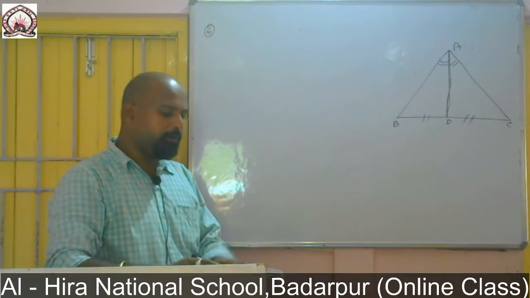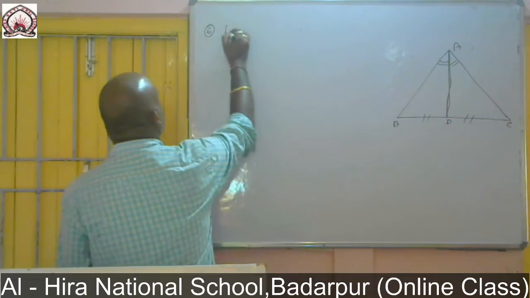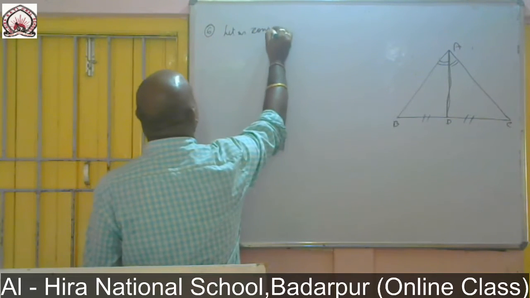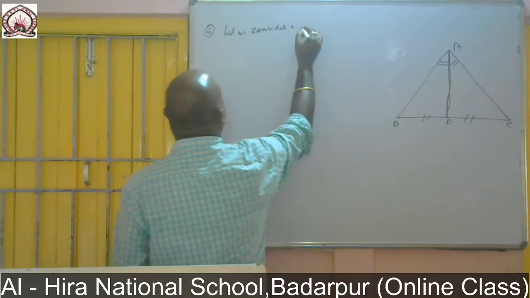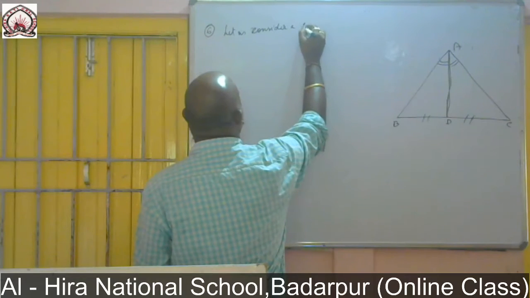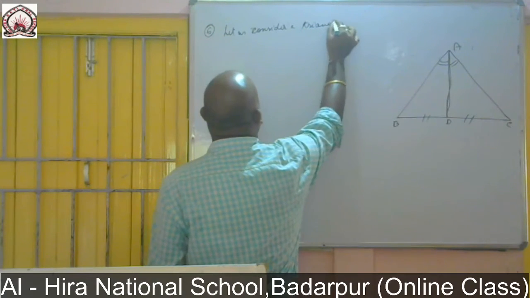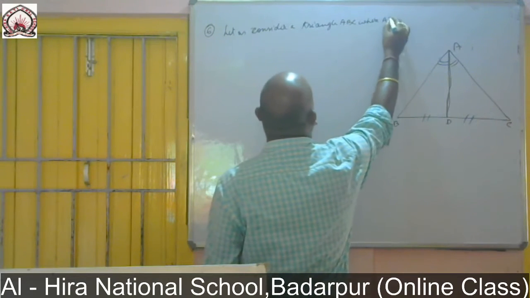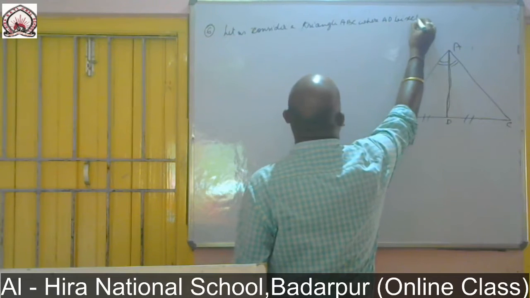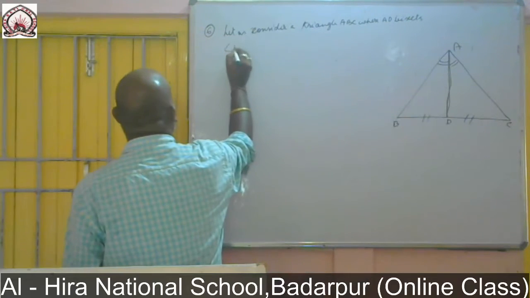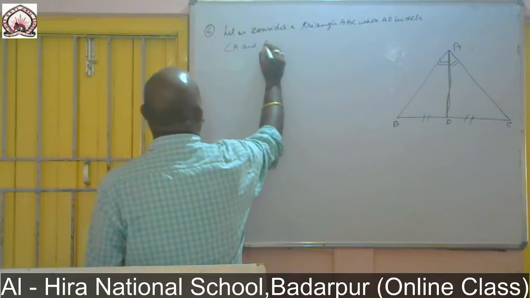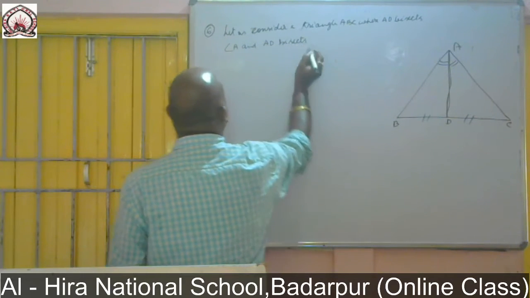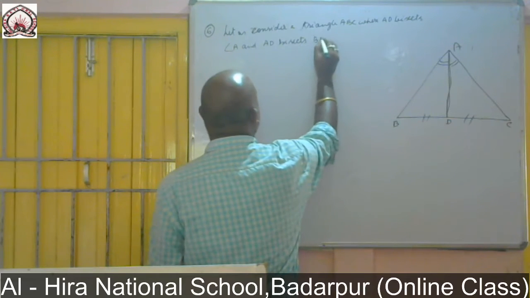Now what you have to prove? Now you have to write. Let us consider a triangle ABC where AD bisects angle A and AD bisects BC.